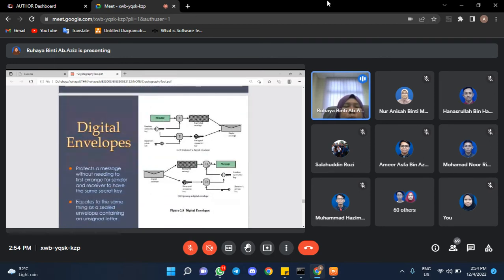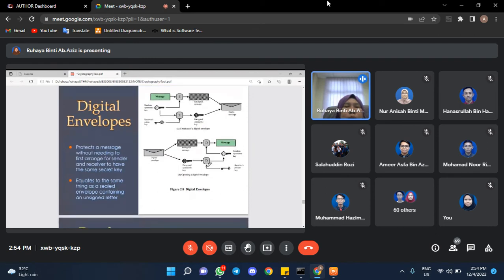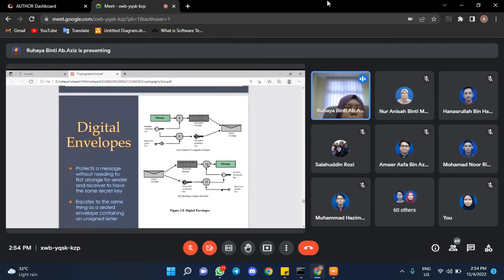And another application is what we call digital envelope. Digital envelope is to protect a message without needing to first arrange for sender and receiver to have the same secret key. Jadi dia macam envelope in real world macam tu lah. Message tu kita guna random symmetric key, so kita encrypt the message, masukkan dalam sampul digital envelope, and then kita hantar, and then bila sampai, when the receiver receives that, dia guna key untuk buka.